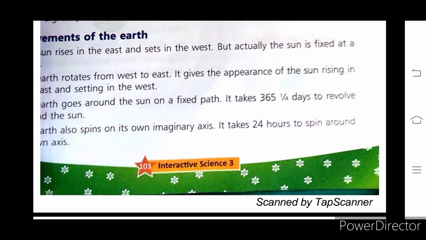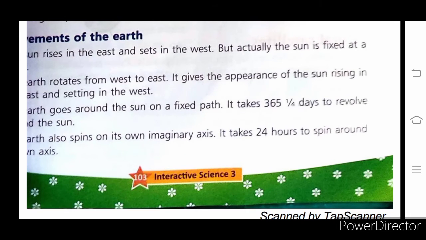So when the earth rotates from west to east, it gives the appearance of the sun rising in the east and setting in the west. Here, children, the sun is fixed and the earth rotates from west to east, so that it gives the appearance of the sun rising in the east and setting in the west.